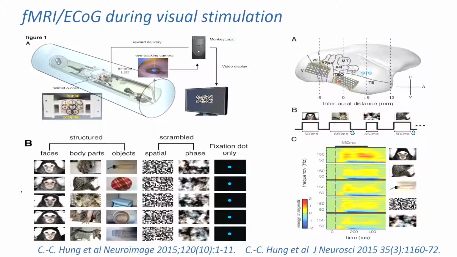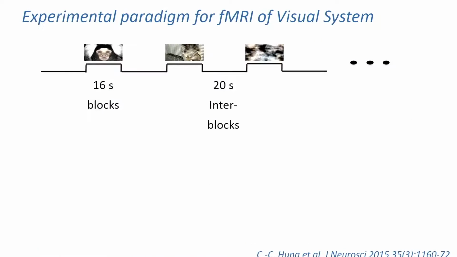And these are our controls. And we did this study in parallel in two cohorts of animals. And in one of the cohorts, we used electrocorticography to look at the data, ECoG data.